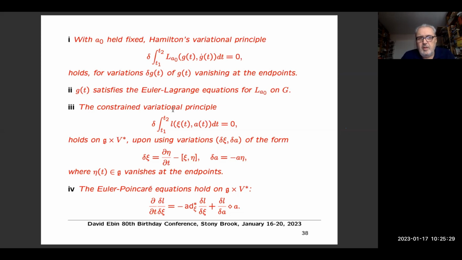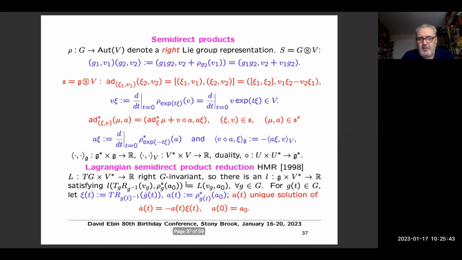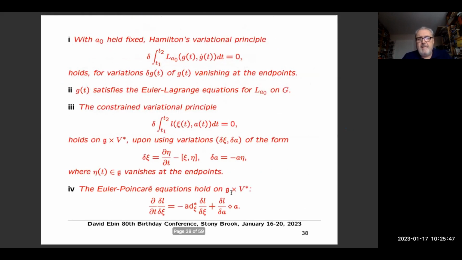Everybody knows this. Nothing new. Here is what's new. The constrained variational principle holds: delta of the integral of L of psi of t, A of t, dt is 0. Notice, please, A0 here is fixed, here it's not. And A of t is, in fact, this expression. We know exactly what it is. Upon using variations delta xi, delta A of the form delta xi equals delta eta dot minus the bracket of xi and eta, and delta A is minus eta A, where eta of t vanishes at the endpoints.